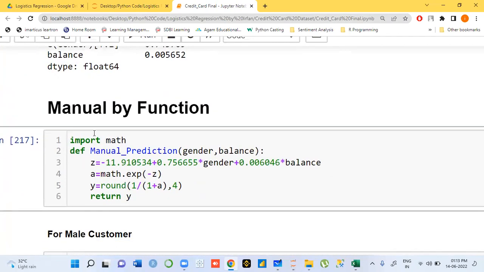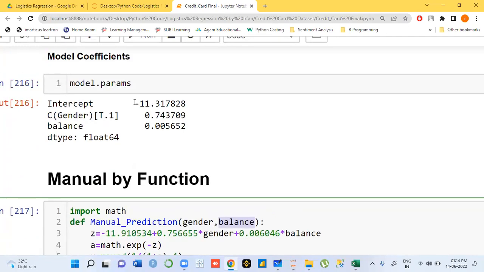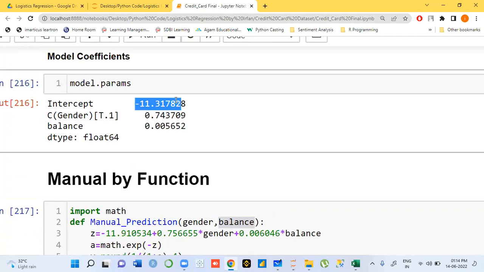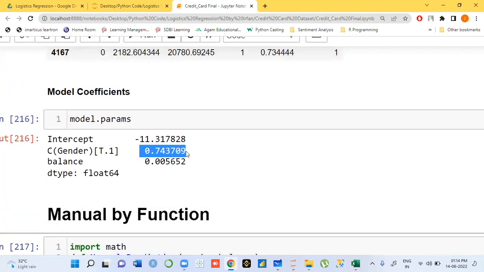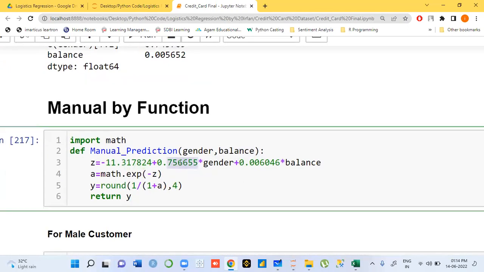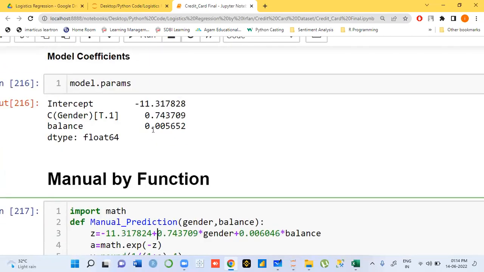Import math. Then defining the function name, how many parameters, gender and balance. This is my beta naught. This is my beta 1. This one is my beta 2.